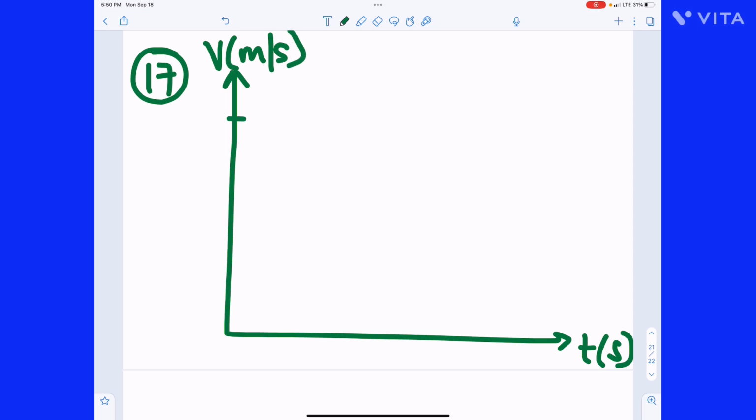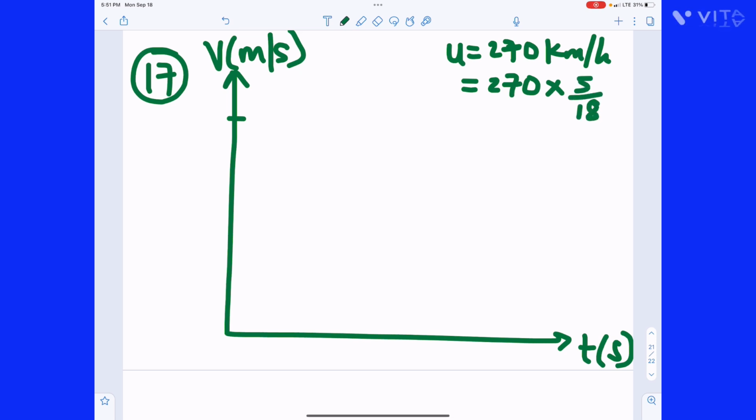So that means u was initially 270 kilometers per hour. Let's change 270 to meters per second. That's 270 times 5 over 18. What does that give you?